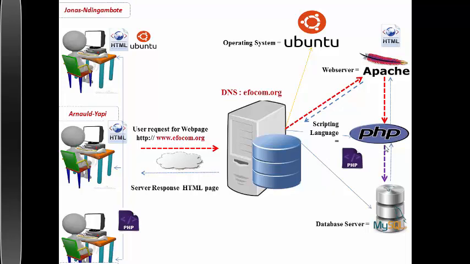Then the HTML generated by PHP goes back to Apache and then back to the visitor's browser. So like this, PHP first, then Apache, and back out. Great, let's go back to the terminal.